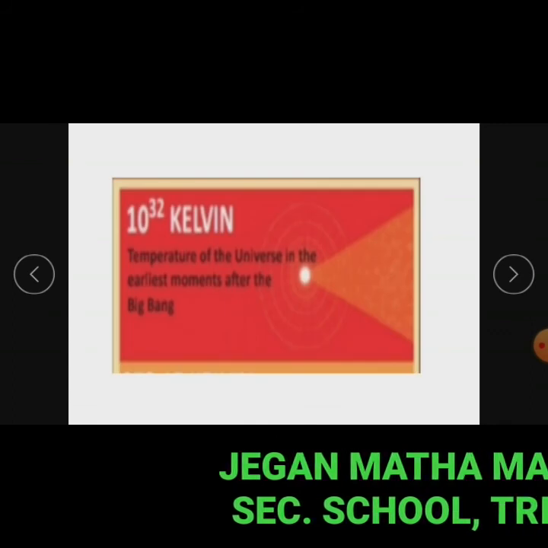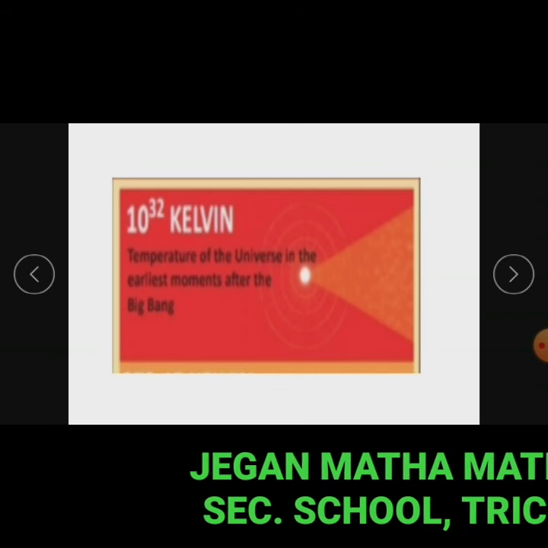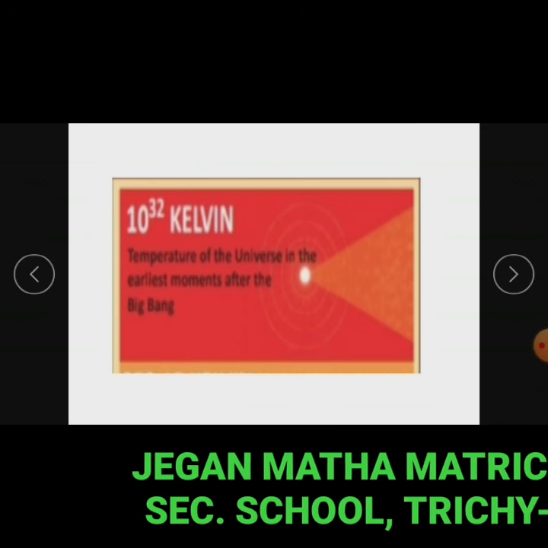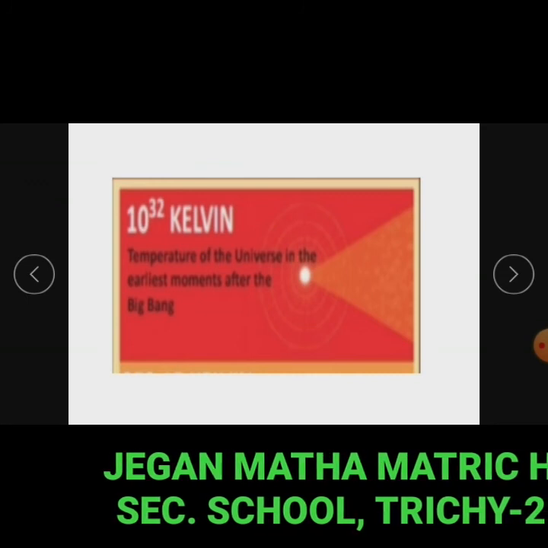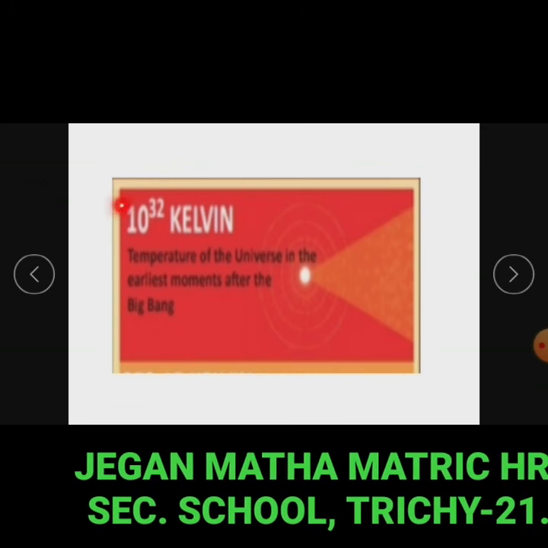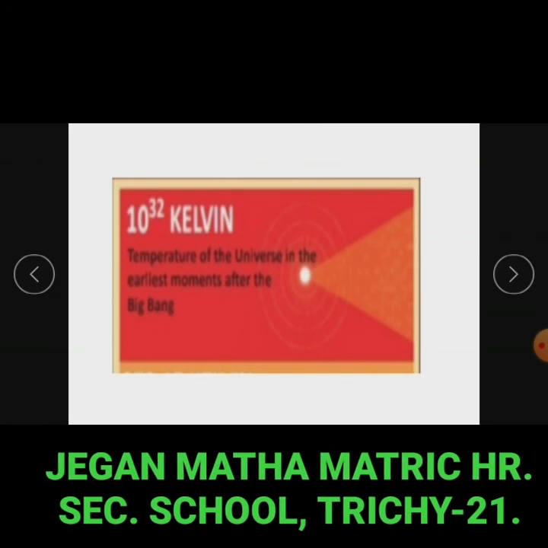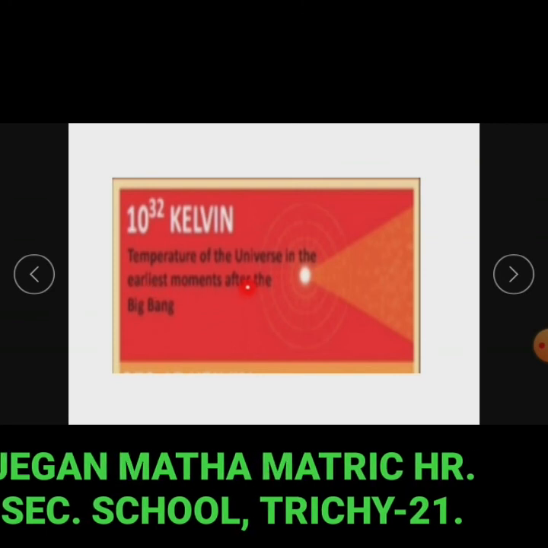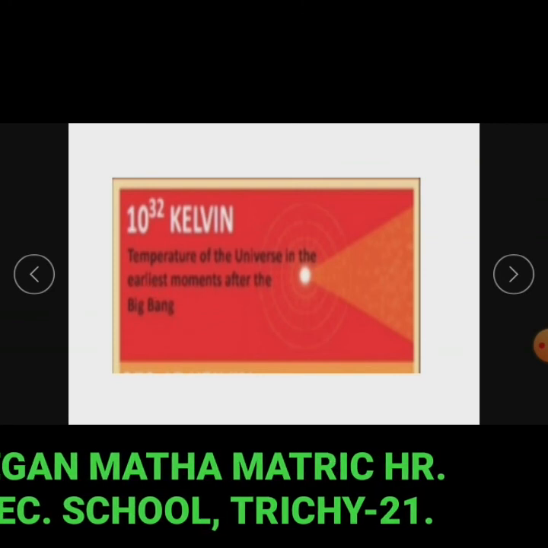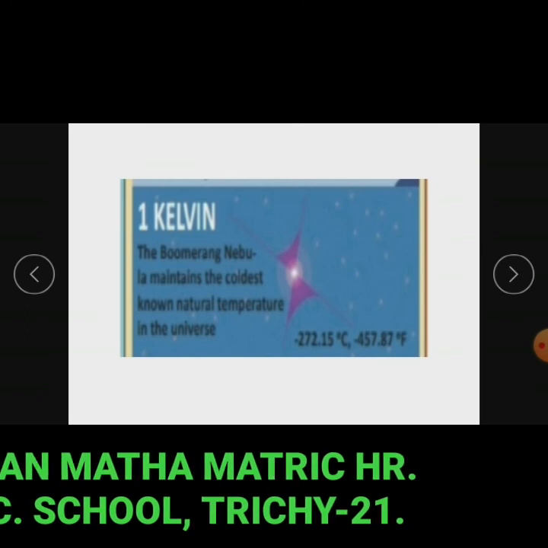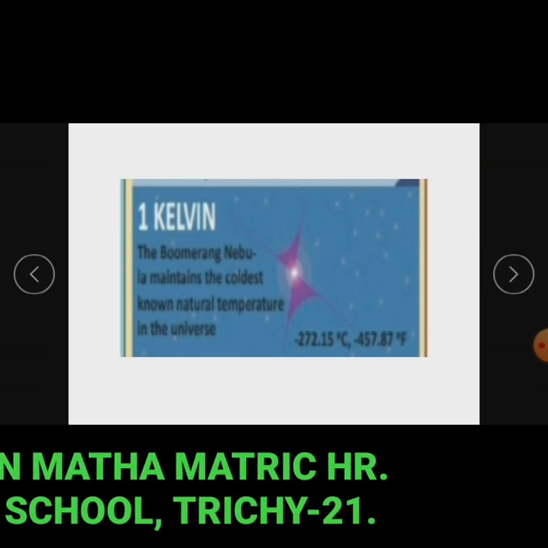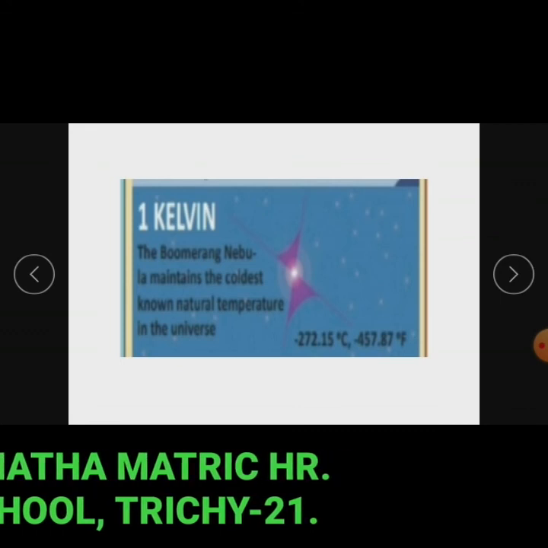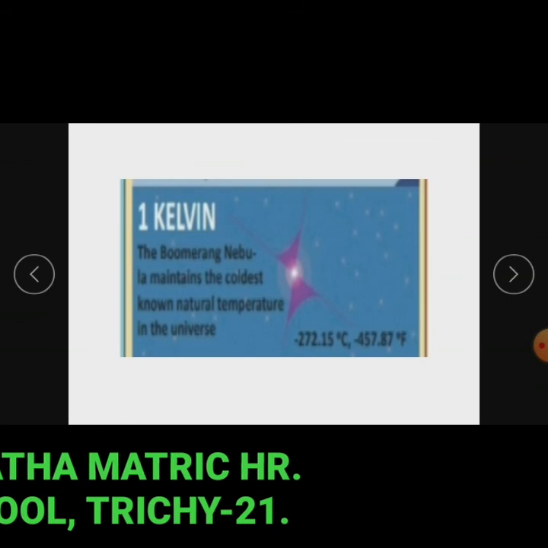Some of the important temperatures are given in Kelvin, Fahrenheit and Celsius scales. 10 to the power 32 Kelvin is the temperature of the universe in the earliest moment after the Big Bang. 1 Kelvin: the Boomerang Nebula maintains the coldest known natural temperature in the universe.